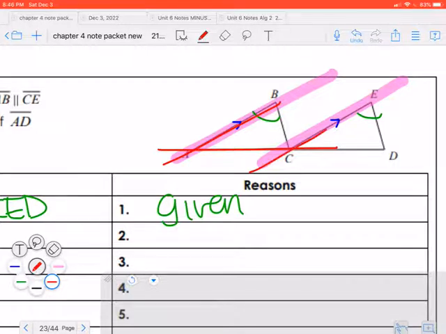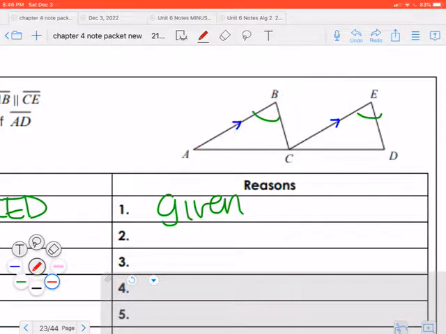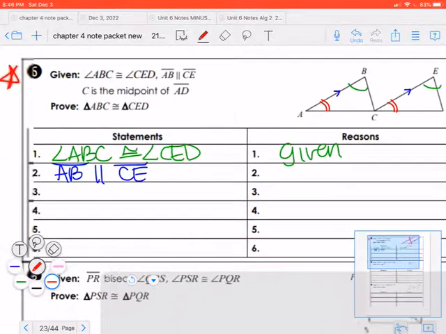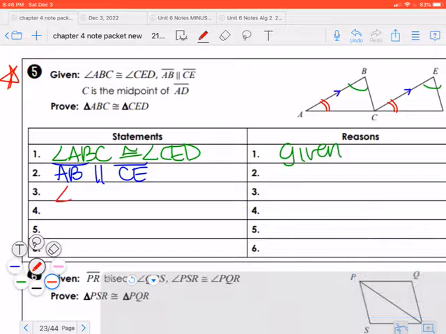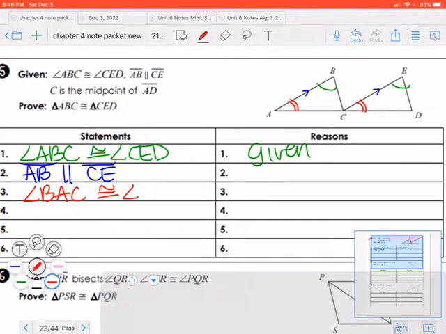Two parallel lines with the transversal. Aha! That gives us those two corresponding angles. So we can say, because of corresponding angles, those guys are congruent. So let's name them. Angle BAC is congruent to angle ECD.